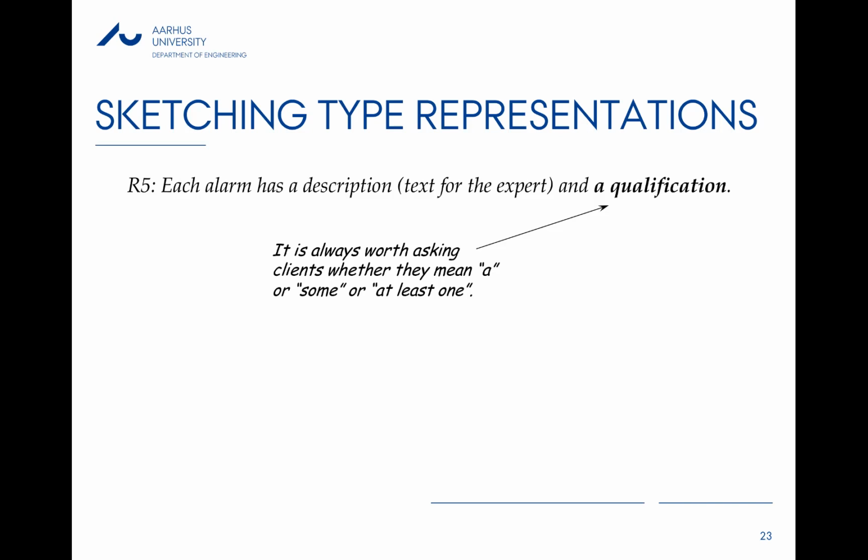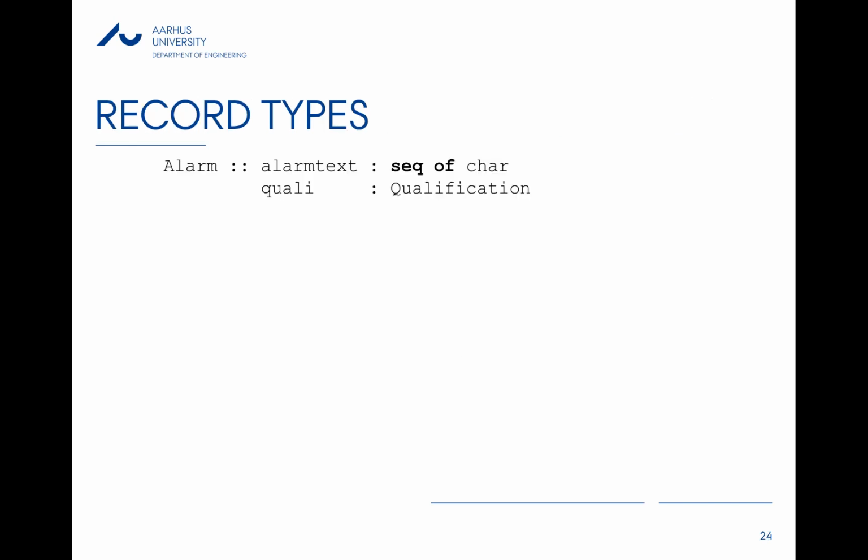Could you have more than one? Let's just assume that our client has told us that I need exactly one. And then I will do something like this. I would make a record where I have an alarm text, that would be my sequence of characters, and I have a qualification and only one qualification. So that would be a way of doing this.